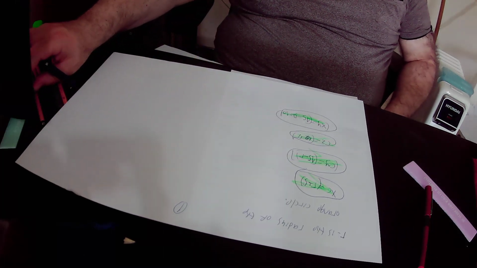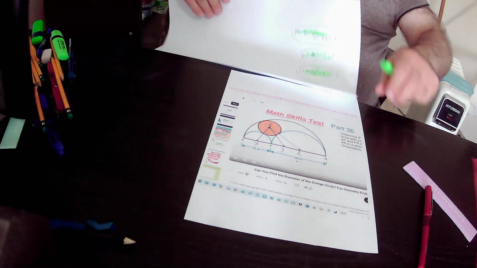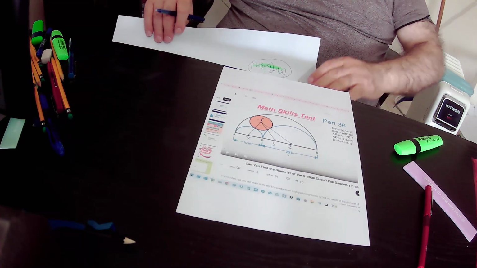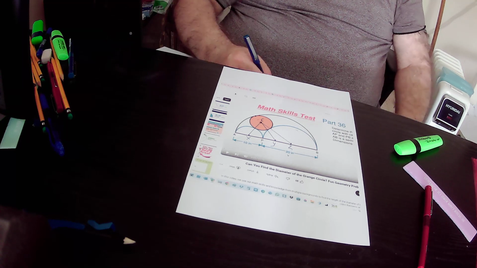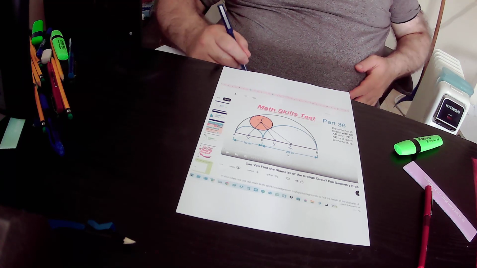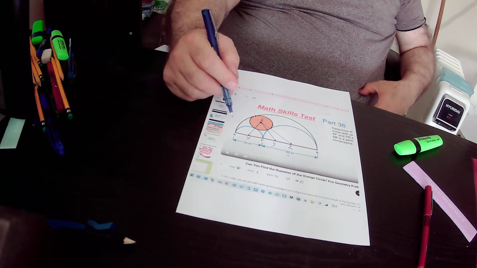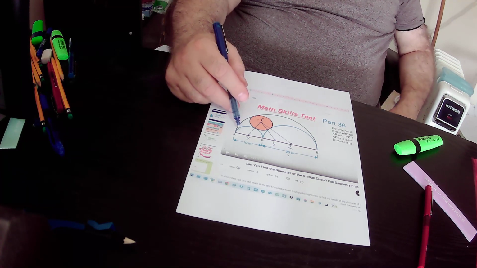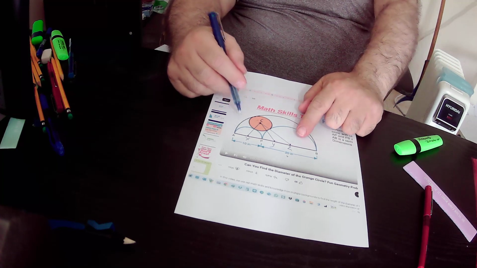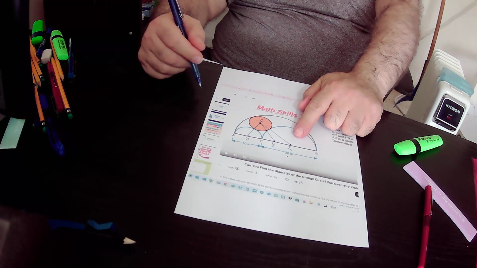And likewise, we find out the value of line segment XZ. Again, X is the center of this semicircle with radius 5. Z is the center of this semicircle with radius 10.